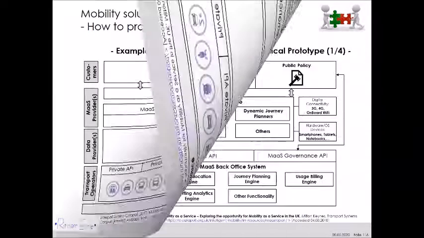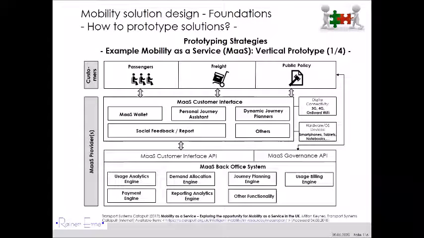In detail, it looks like this. For example, you have consumers as passengers, you have freight companies, you have also a kind of public policy. Then you have a MaaS customer interface which provides some technical services. These are usually displayed by an app, like a MaaS wallet, where you have, for example, your payment system and your preferred destinations.